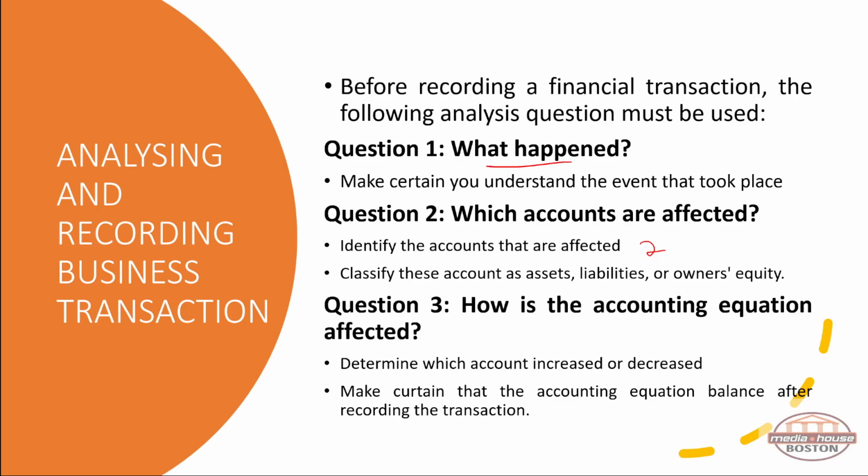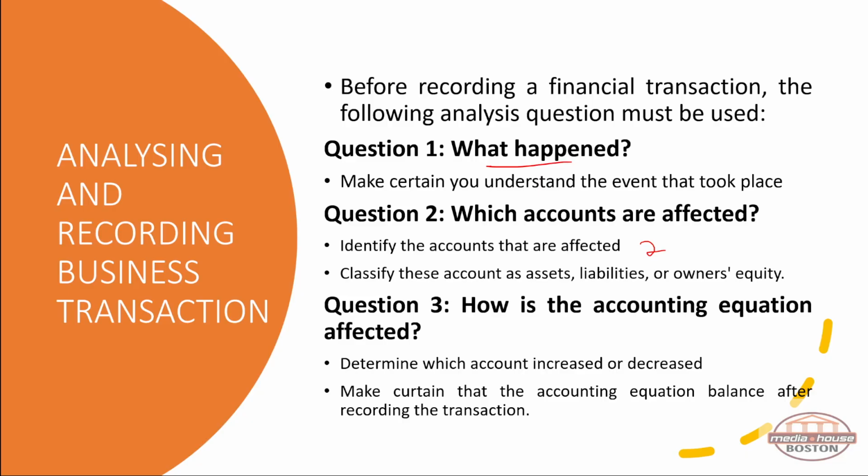And then we put that effect by saying that we debit that account since it's an asset, and assets increase on the debit side. If that asset is decreasing, we say we credit these assets because it is decreasing.